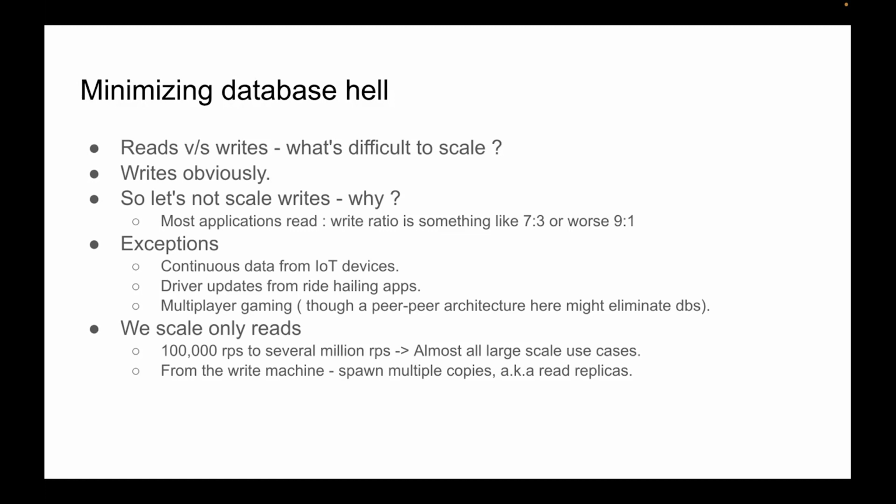I could apply some logic where, from the write machine, I make a copy of records 1 to 1000 to machine 1, records 1000 to 10,000 to machine 2, records 10,000 to, I don't know, a million to machine 3, some simple logic like that. Then whenever I get a read for record 10,000, I should have the intelligence to go to machine 3 where it is located. Some simple logic like this works.